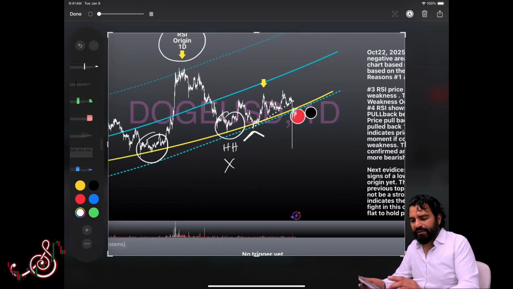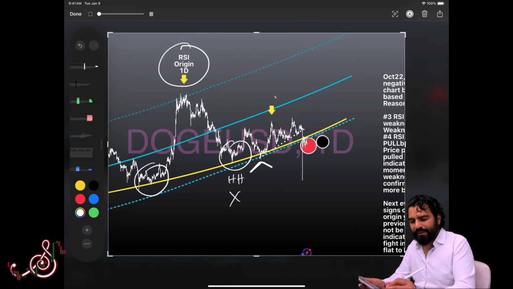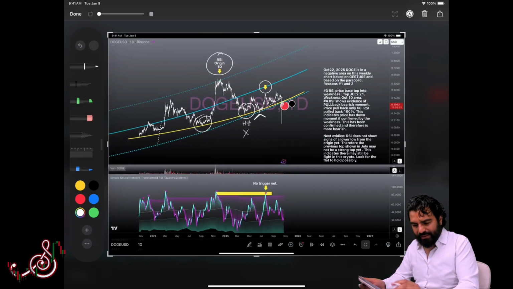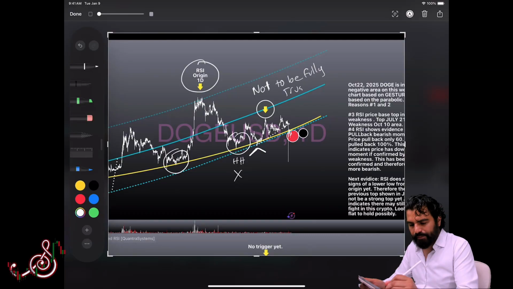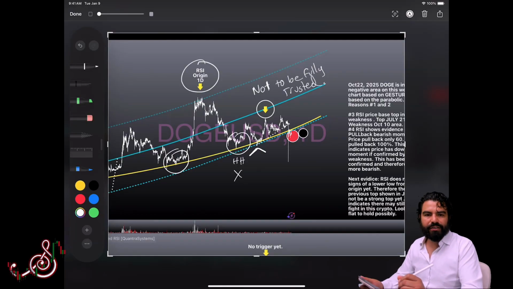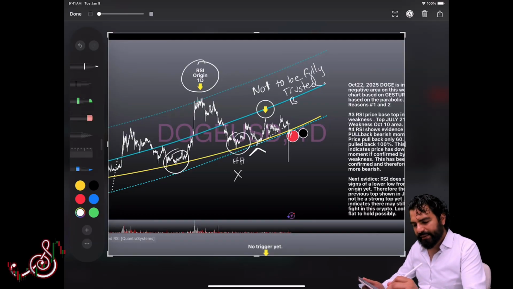So therefore, if we're looking for a strong short, we can see that this top is not to be fully trusted, or more confidently trusted, because there's no lower low.